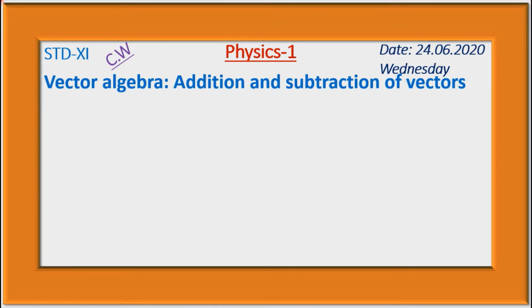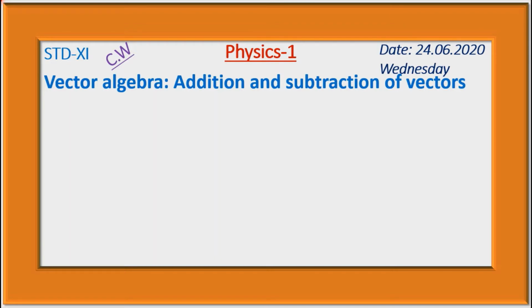We can add two vector quantities, or we can subtract a vector quantity from another vector quantity. But we can add vector quantities of the same type, and we can subtract a vector quantity from the same kind of vector quantity. This is also true for scalar quantities.